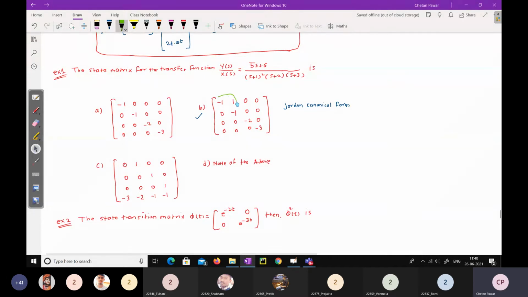We have seen in the previous lecture, right? So this will be the Jordan canonical form because poles are repeated. So this will be the correct option. B is the correct option.